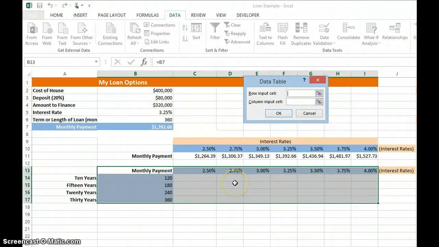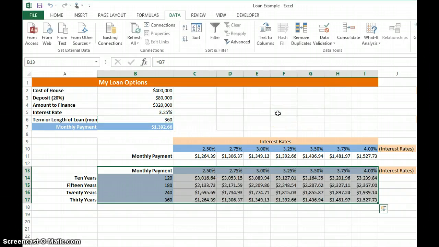And this time we're going to populate both of these cells. The first one, as before, is going to be the interest rate, and the second one is going to be the length of the loan. And we click OK, and we get some values coming in there.